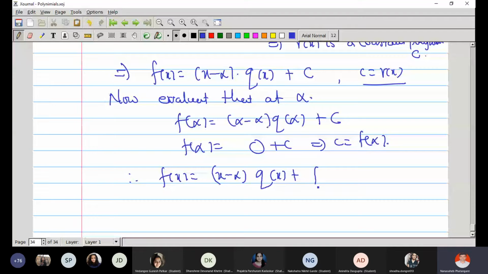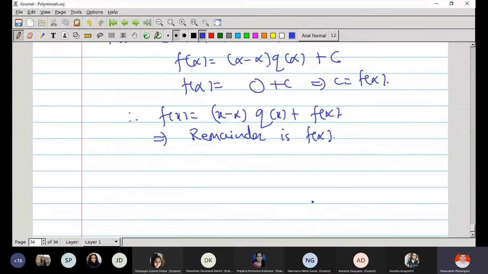Therefore remainder is f evaluated at alpha. Okay, is it clear? Yes. Is proof clear? Yes, sir.